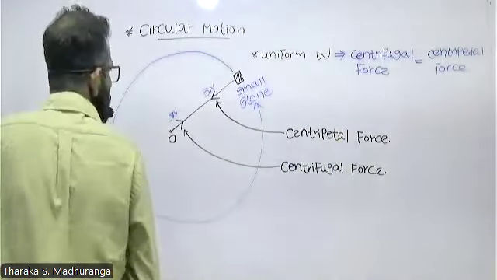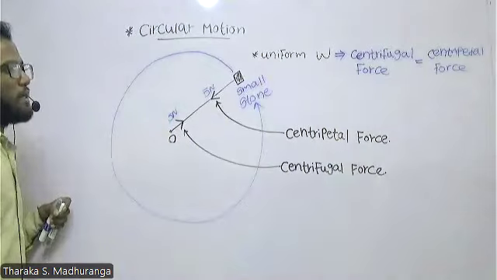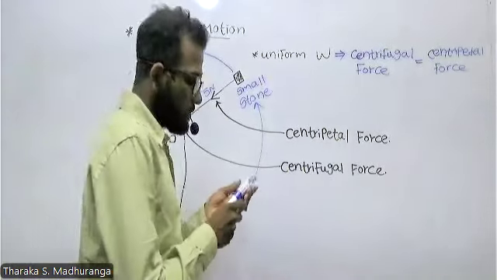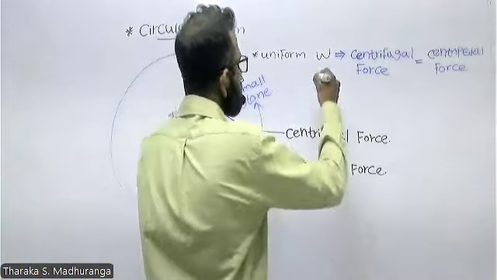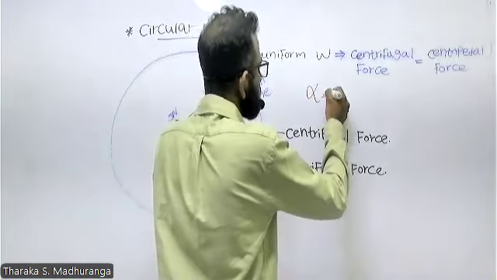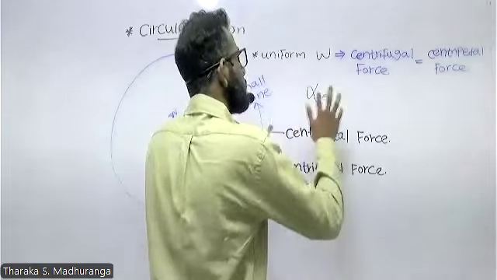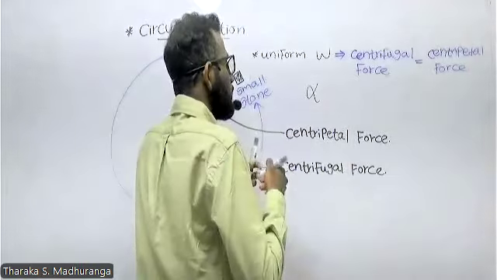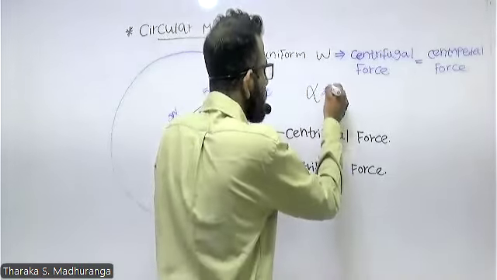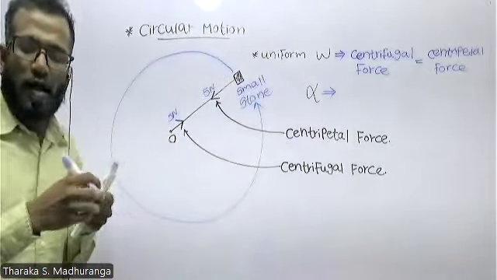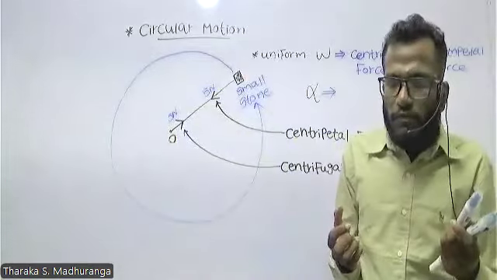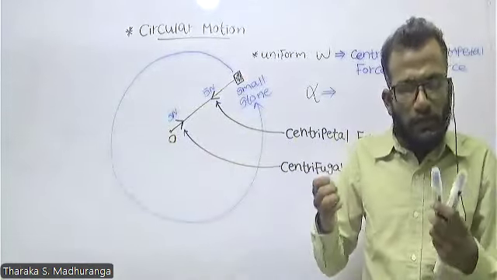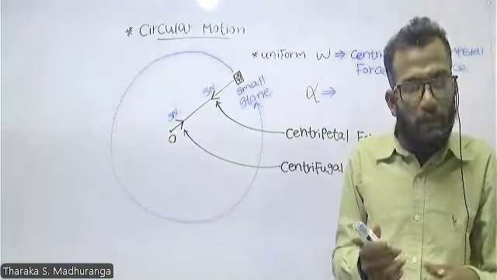Now, think this object is accelerating. Now this object has an alpha. Alpha means angular acceleration. Now tell me, can this centrifugal force and centripetal force be equal?